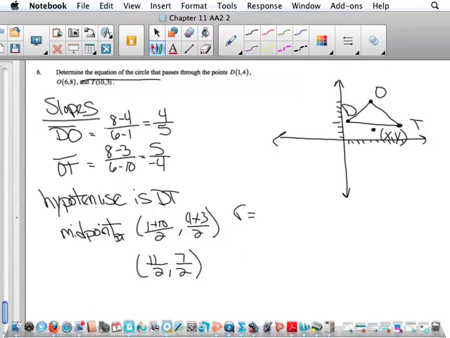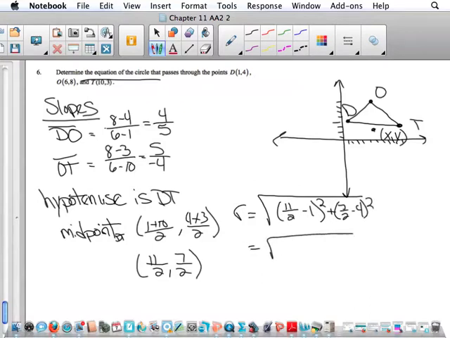So the radius is equal to the square root of the distance from the center (11/2, 7/2) to one of the points. You can choose whichever point you want. I'm going to take D. So (11/2 - 1) squared plus (7/2 - 4) squared.